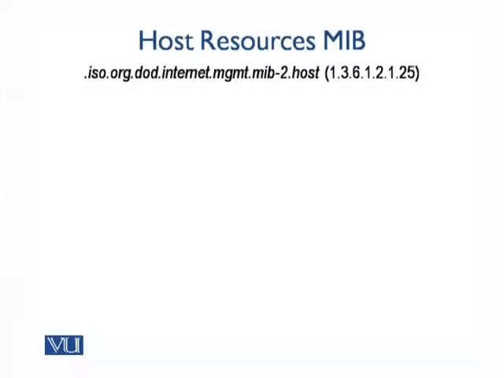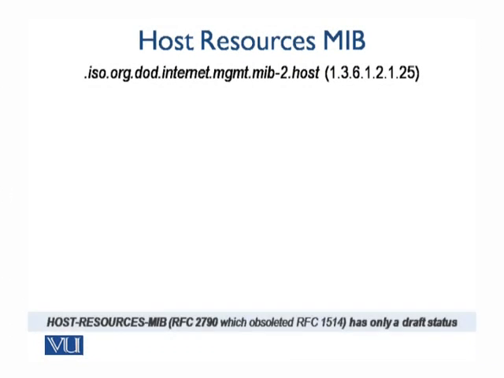Okay, up till now we have talked about the MIB-2 MIB, which is the most famous MIB there is, the most implemented MIB. But you also have other MIBs. If you're interested in monitoring more fine-grained details of your host level resources, things like CPU, memory, and so on, you can actually use the host resources MIB, which is also defined by IETF in an RFC.